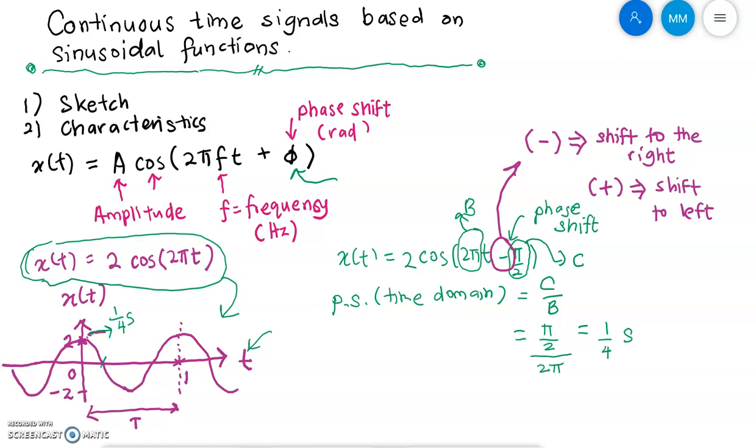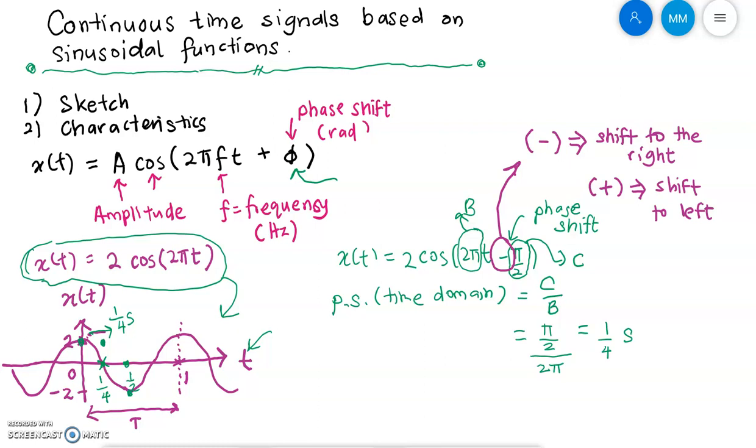It is here, this is 1 over 4. Now, the value that we have here will be shifted to this one by 1 over 4 seconds. This 0 will be shifted by another 1 over 4 seconds here, which is at 1 over 2.